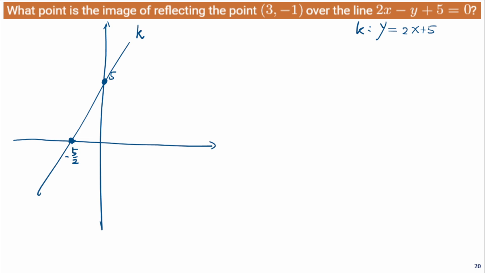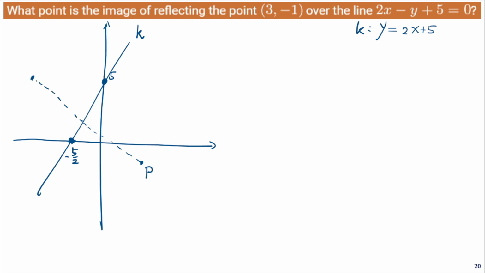And the point is (3, -1). So (3, -1) is somewhere here. And the image of that point is somewhere here.